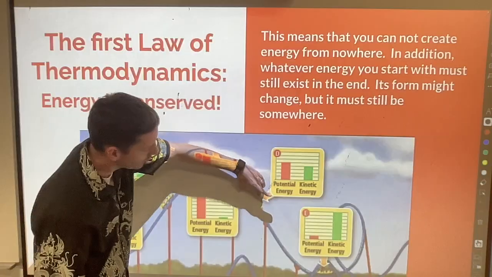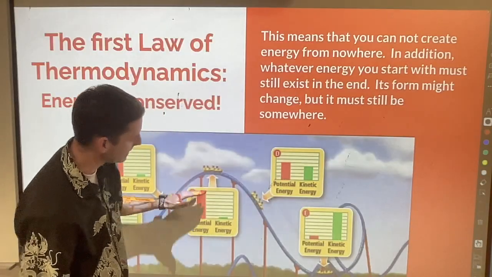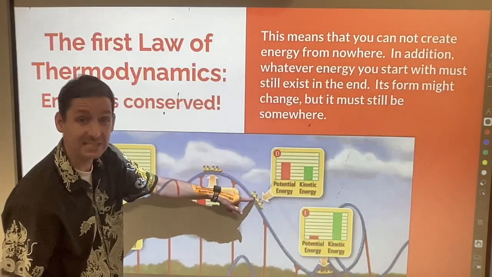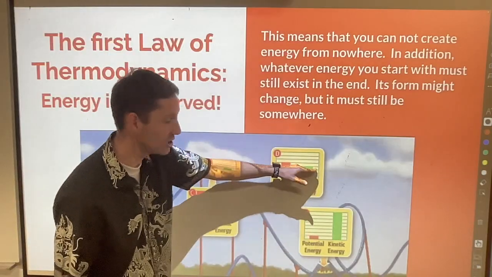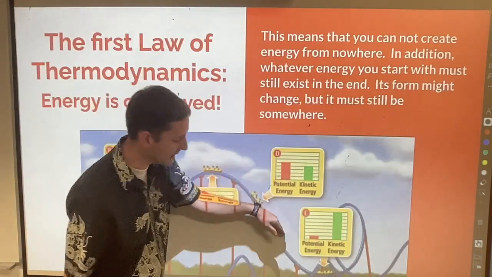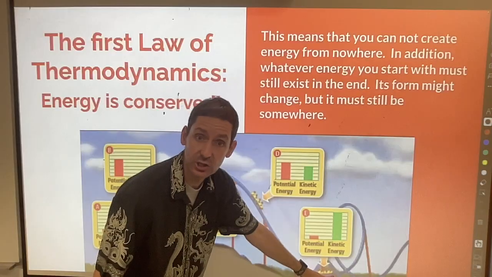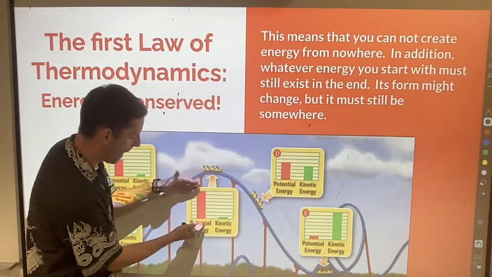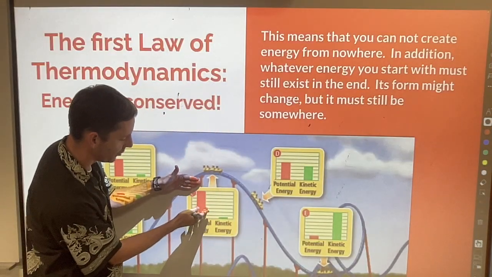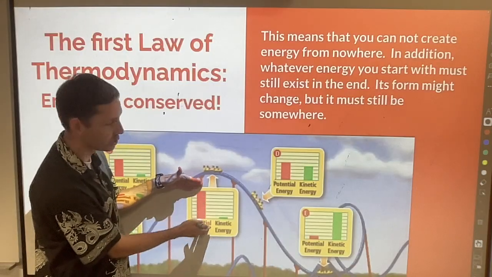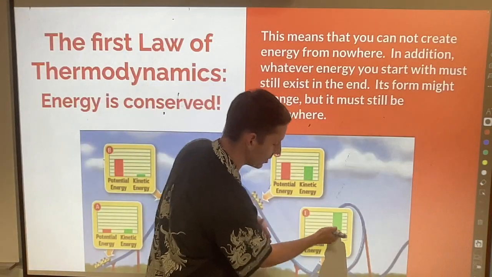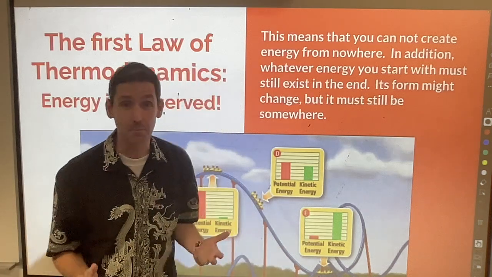But we get to the top, and we have maximum potential energy. As the roller coaster goes down the ramp, we can see the potential energy is decreasing, but it's speeding up, so the kinetic energy is increasing. By the time it gets down to the bottom, where potential energy is 0, all of that potential energy, you can see it was 1, 2, 3, 4, 5, 6, 7, 8 bars worth, has now turned into kinetic energy, which is 8 bars worth.